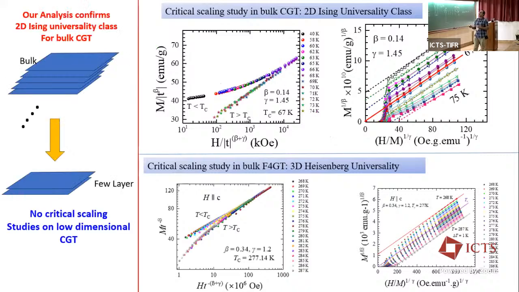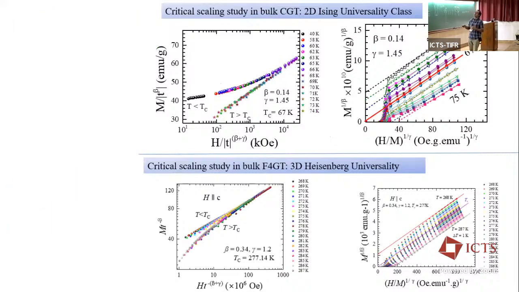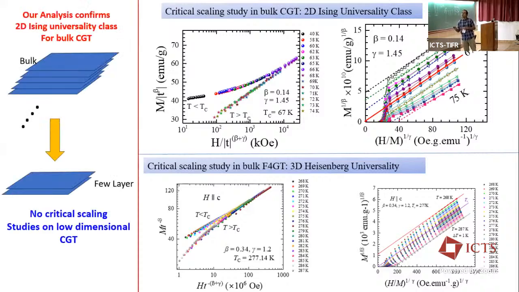So as far as the bulk picture is concerned, I'm going to go back to CGT and focus now on CGT. We saw that it follows the 2D Ising-like behavior, and now we are going to thin them down and see what happens to the system.